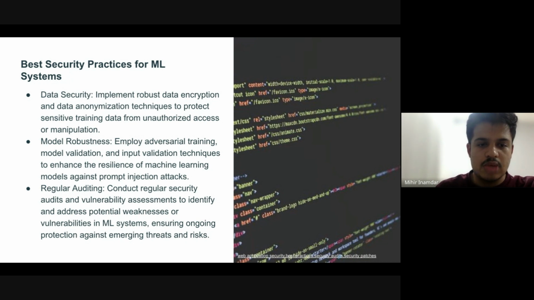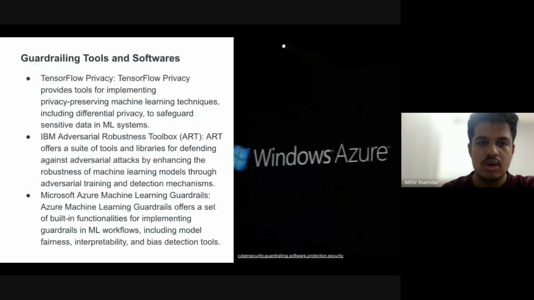As per your use case, regular auditing is required as well. You should consider doing audits regularly as per your deployment type, and also identify and address any potential issues and vulnerabilities in your systems, and any ongoing risks or threats.